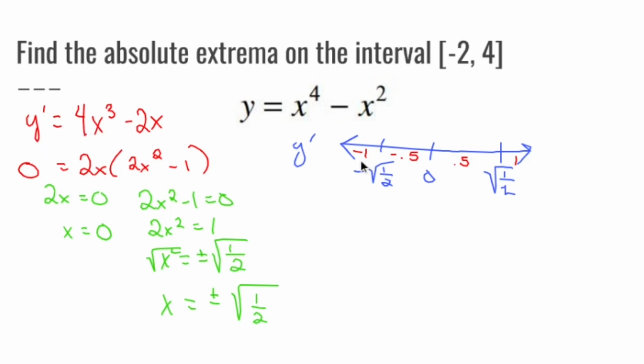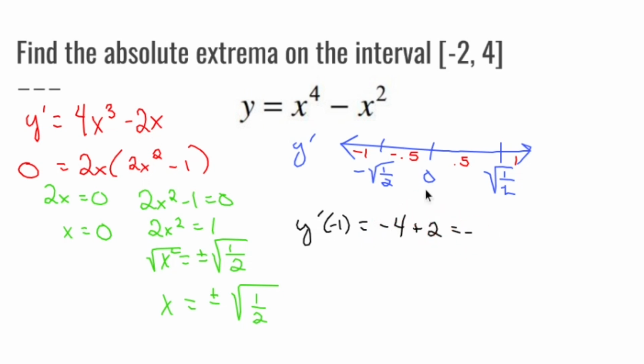I'm going to plug negative 1 into the derivative. So y prime of negative 1 is 4 times negative 1 cubed, which is negative 4, minus 2 times negative 1, which is plus 2.